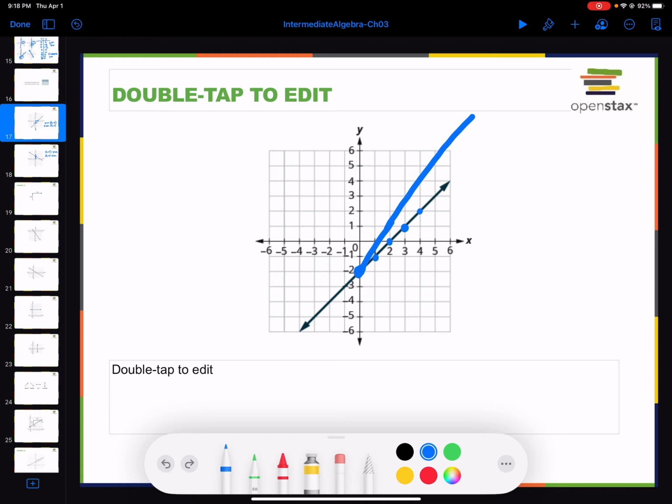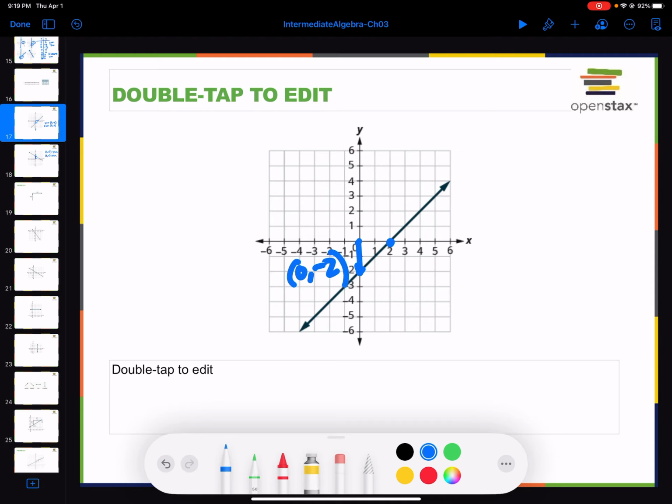So back to the original one, what we want to do is go from any one point to any other point. It really doesn't matter which one's which, just so long as you stay consistent. So let's pick this point and this point. So our first point here is x equals 0 and y equals -2.